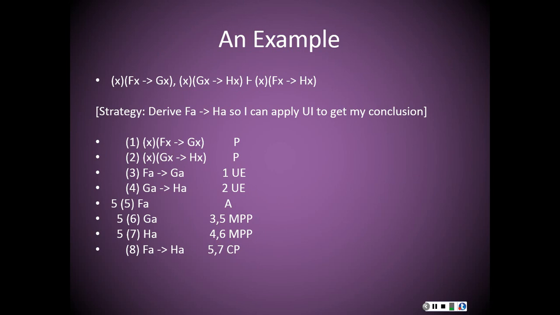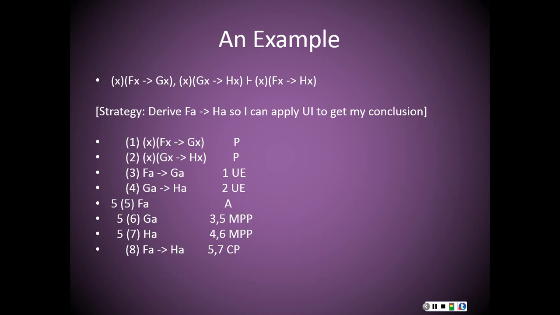What I want to prove is that for any x, if Fx then Hx. So it looks like I can do that by applying the rule of universal introduction. One thing I need to check though is I need to look at line 8 and make sure that line 8 doesn't depend on any assumptions that have A in them.